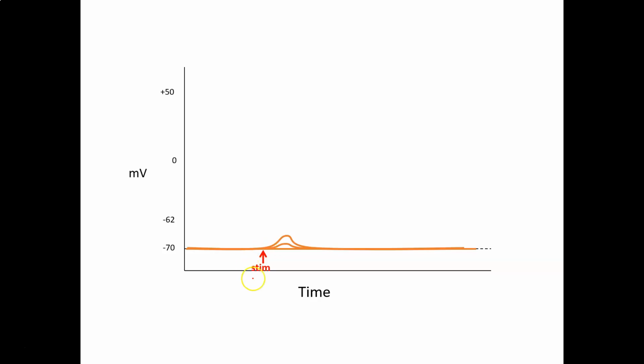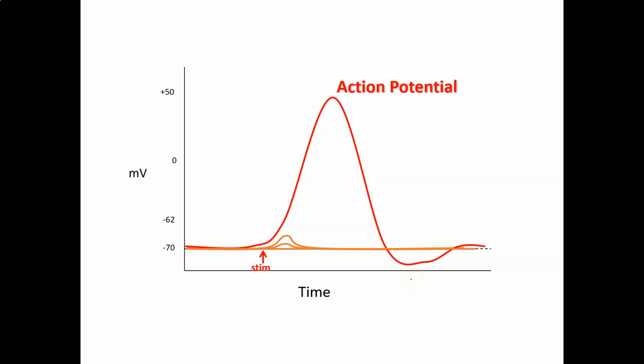They added a larger current and saw an even bigger blip. They increased the stimulation to a larger current, and they expected to see something that looks like this, but instead what they saw was something that looked like this. This is the action potential.